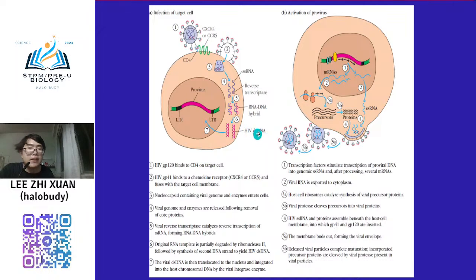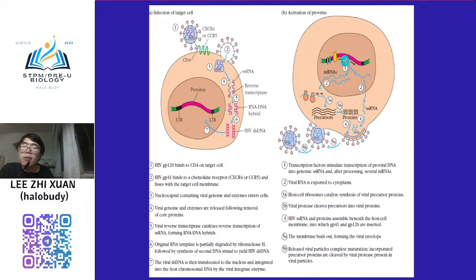Viral HIV DNA. So after that, interestingly, your cell in the normal way can still undergo transcription to form mRNA.